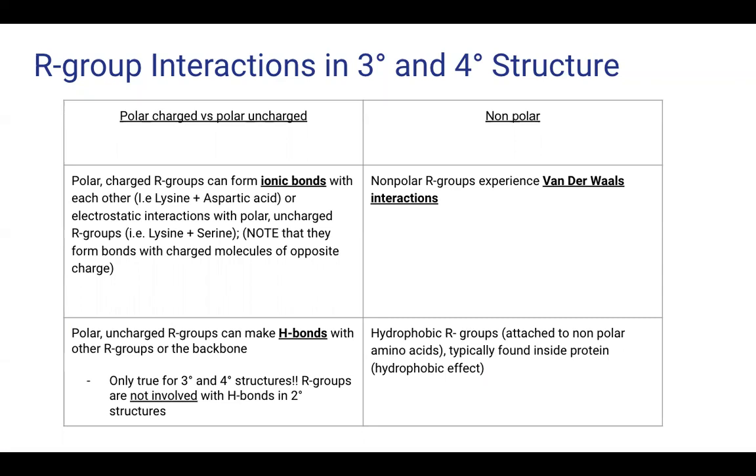We could also have ion-dipole interactions, and the example here would be lysine, which is a charged amino acid, and serine, which is not charged. That would make an ion-dipole since we have one fully charged atom and one partially charged atom.